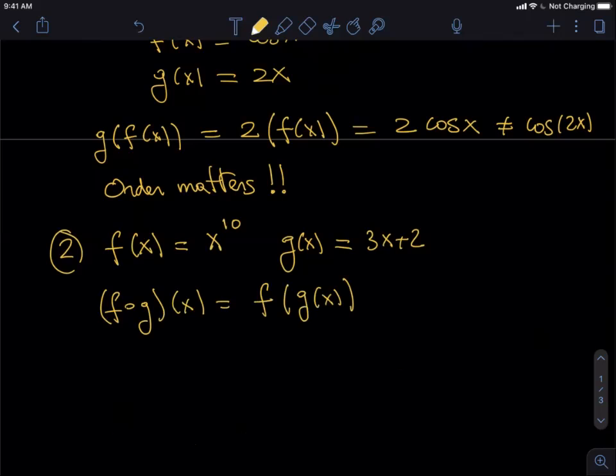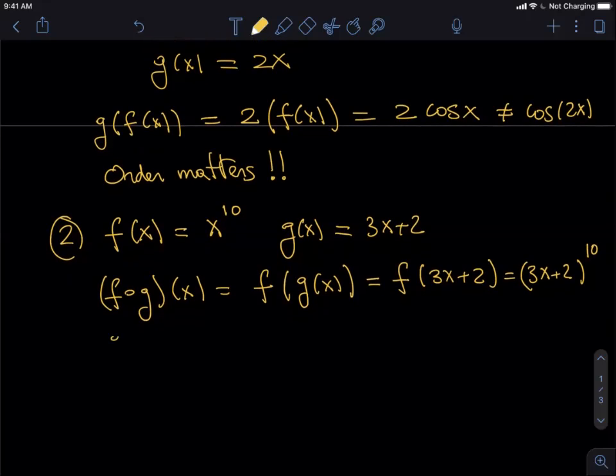So g of x, you take x, that's your input. g of x is the first output, which then is the input of a function f itself, and then it gives you a second output. Okay, so this is f of 3x plus 2 because of the formula for g, and then this is 3x plus 2 to the power 10 because of the formula for f.